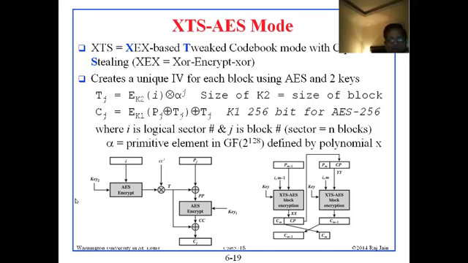The tweaked means that this whole business of encrypting i with key 2 and then exclusive ORing with alpha j, all that process is the tweaking process. So that way, for the same plain text, you won't get the same cipher text, even though the key is same. Okay, so this is a standard which has been developed for this purpose.